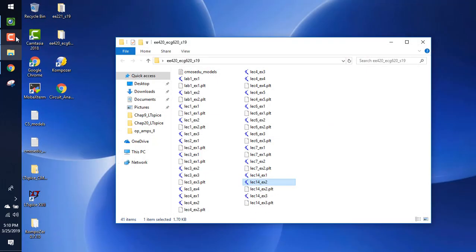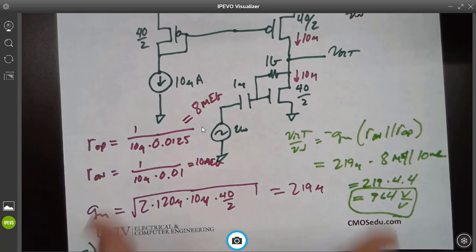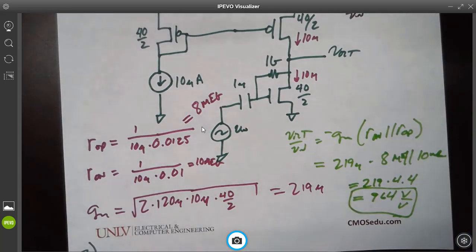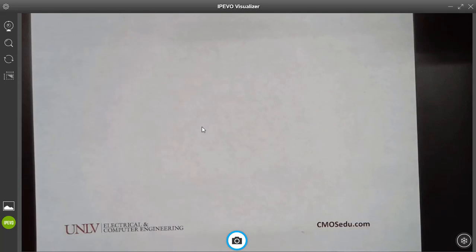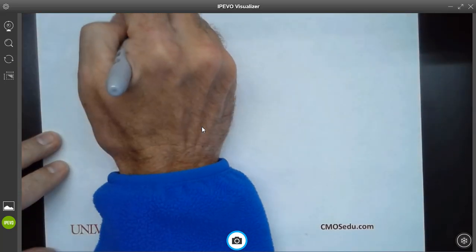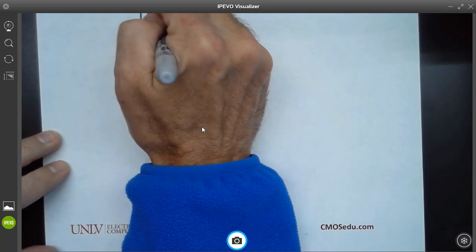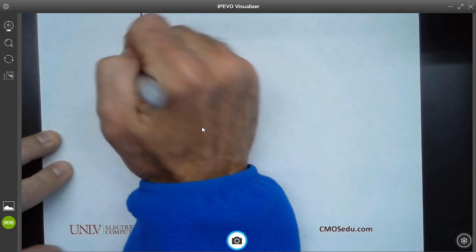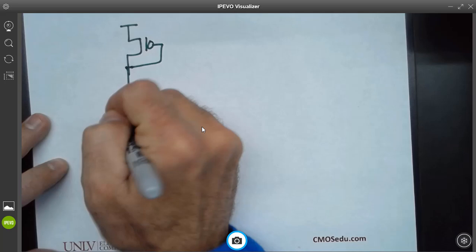All right, let's do one more thing real quick. Let's take this same circuit and add a resistor and source, in the source of the NMOS. And so I'm going to do the exact same thing. And I'm going to make this a little bit one-sided, so that my resistor dominates.